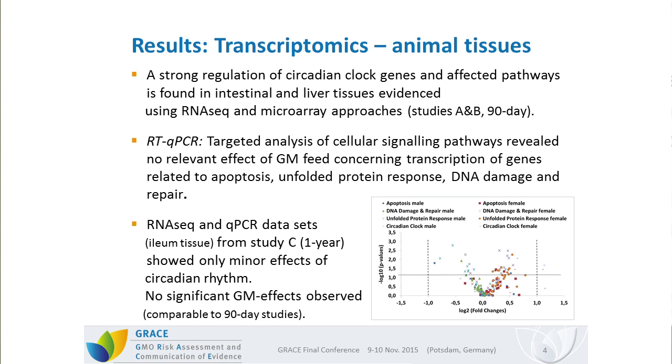So the effects are not as high as in the 90-day feeding study. But until now, we couldn't identify significant GM effects concerning this study, and this is now comparable to the 90-day studies until now. You can see here a so-called volcano plot, and you can see only these effects which are here, which might be significant.